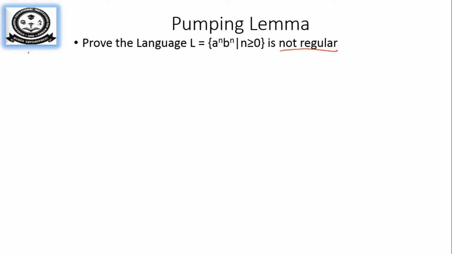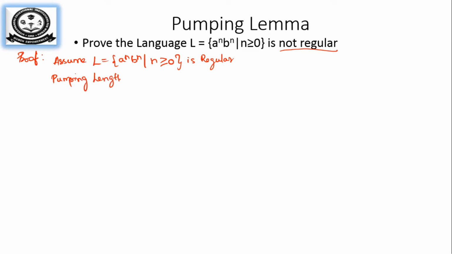Now we will go with the proof using the pumping lemma. In the first step, we assume that my language a to the n, b to the n for n greater than or equal to 0 is regular. That means I can pump it. In step 2, I will set a pumping length P equal to 7.